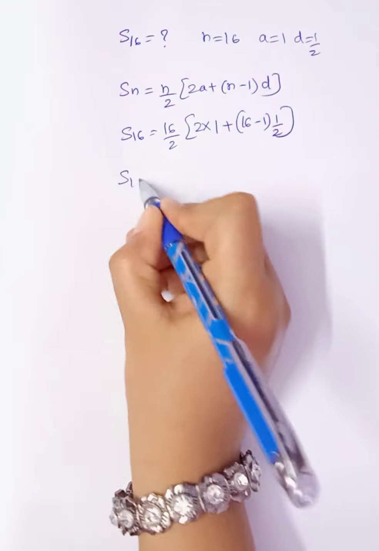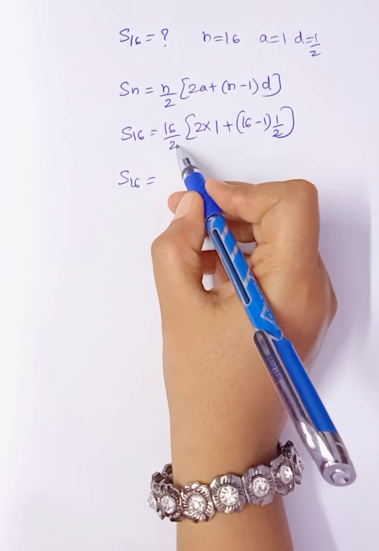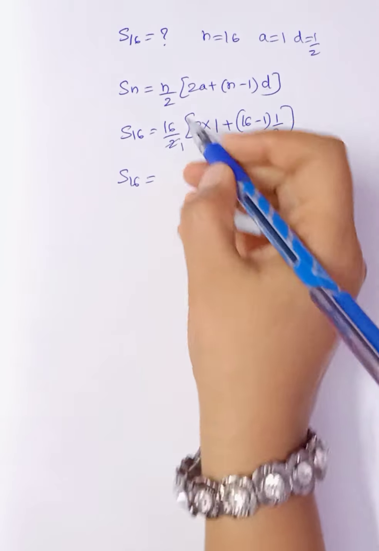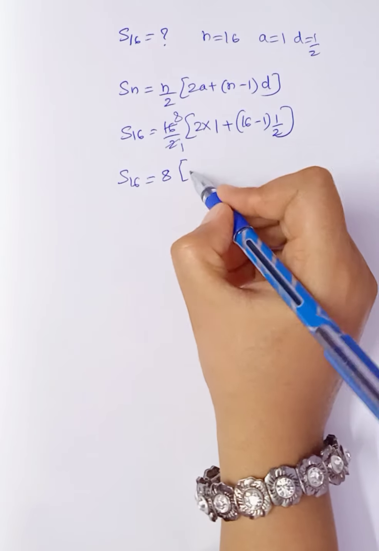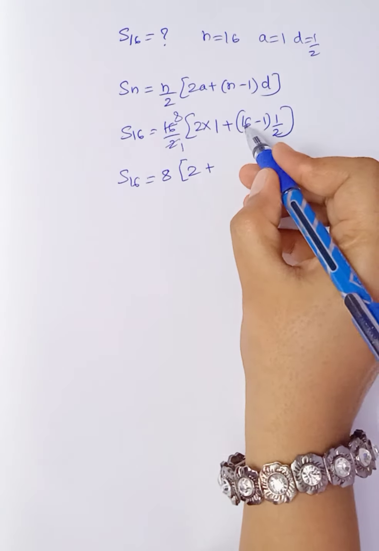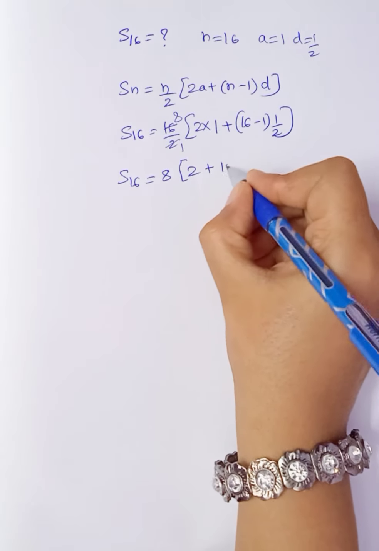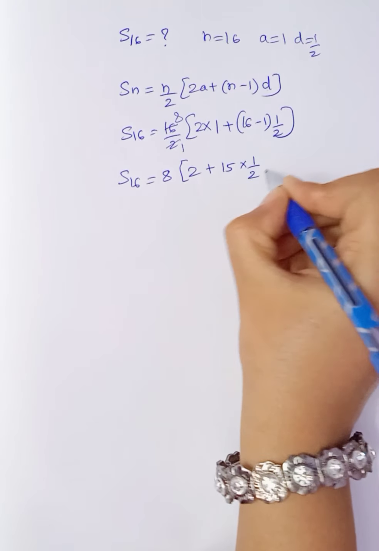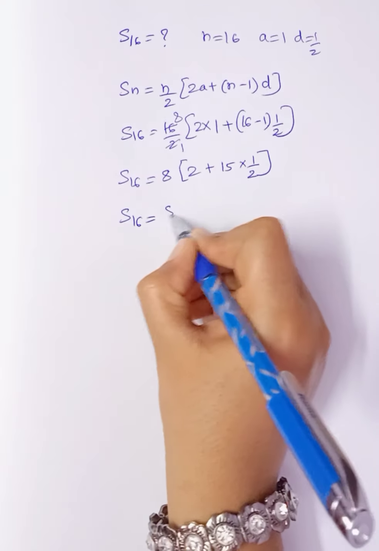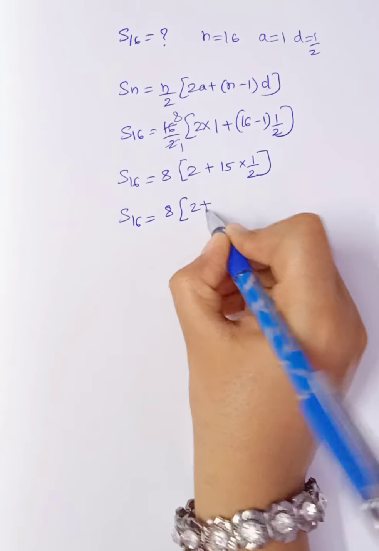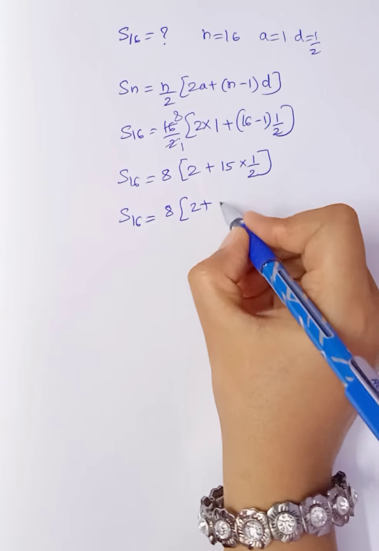So S16 equals, now I am going to simplify this here. 2 8s are 16, so it is 8, and here it is 2 ones are 2 plus 16 minus 1 is 15, 15 into 1 by 2. So S16 equals 8 into 2 plus 15 by 2.